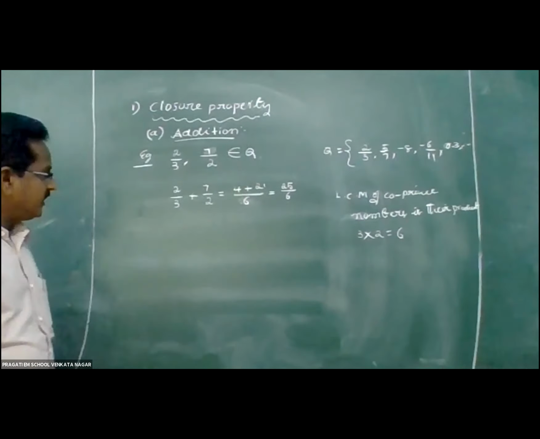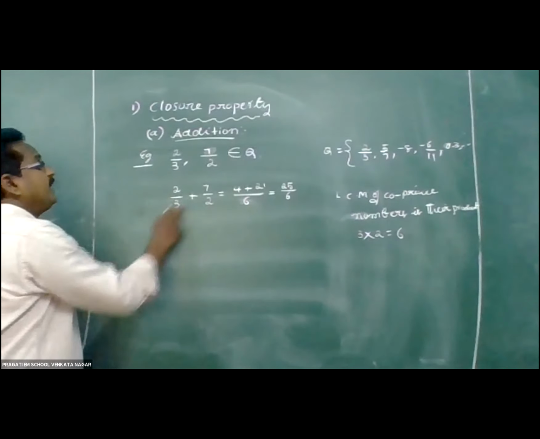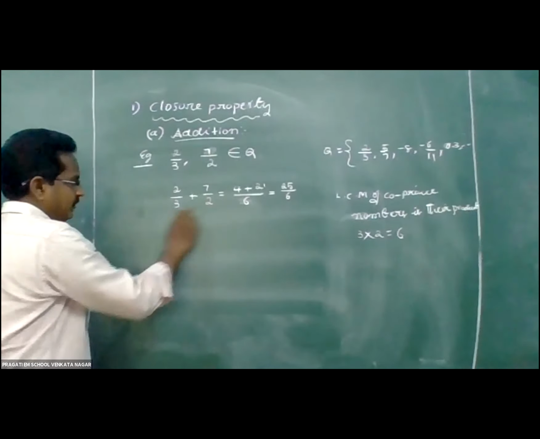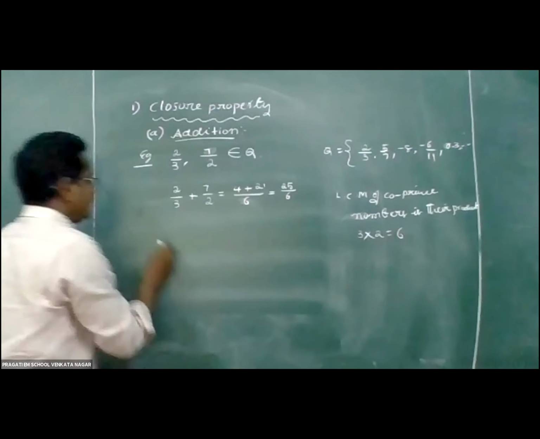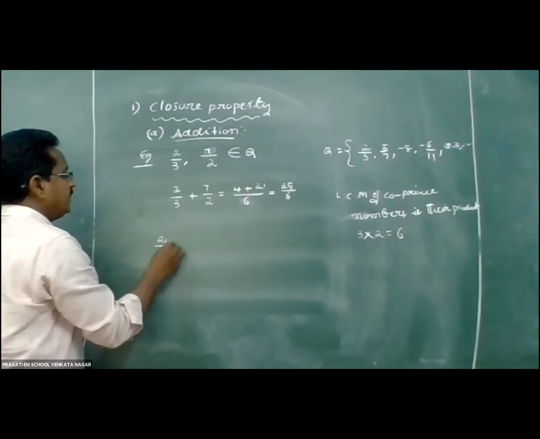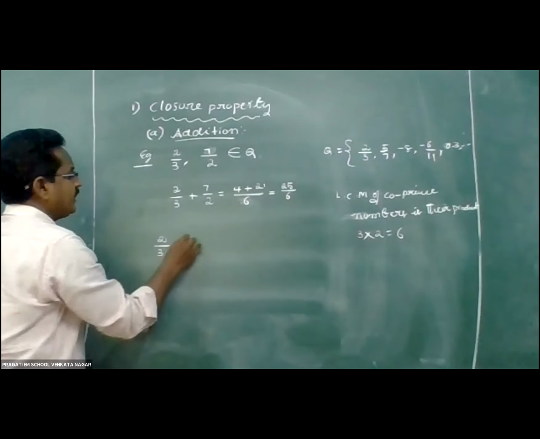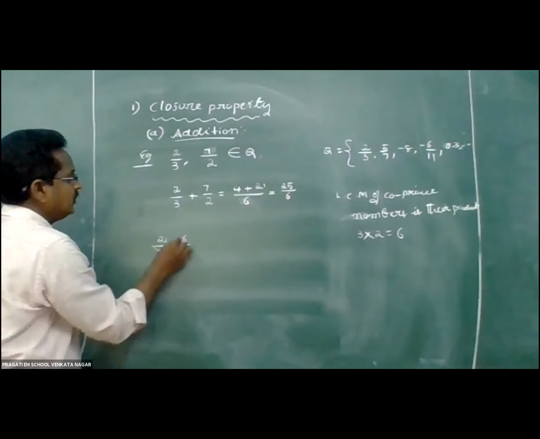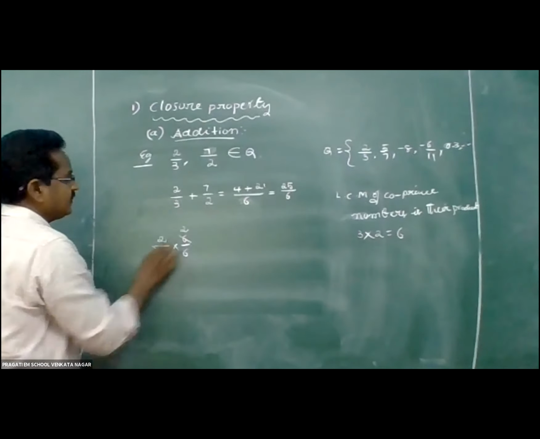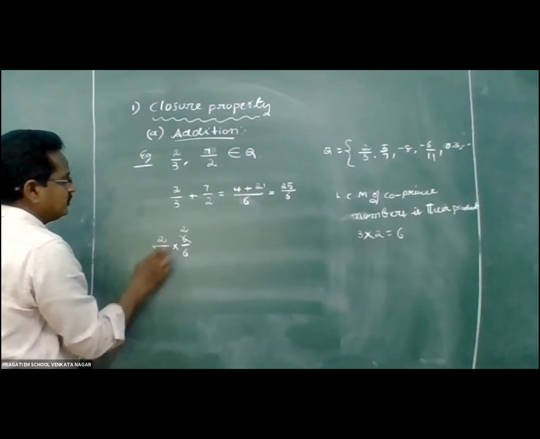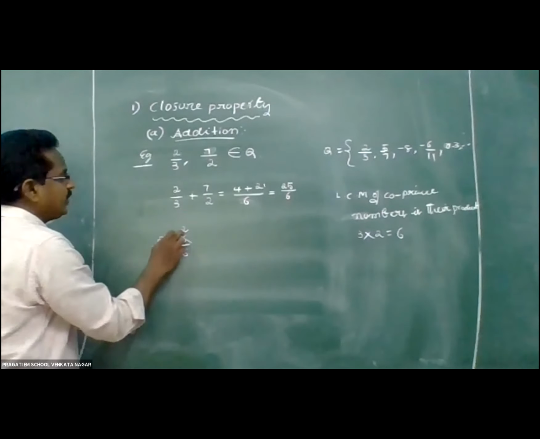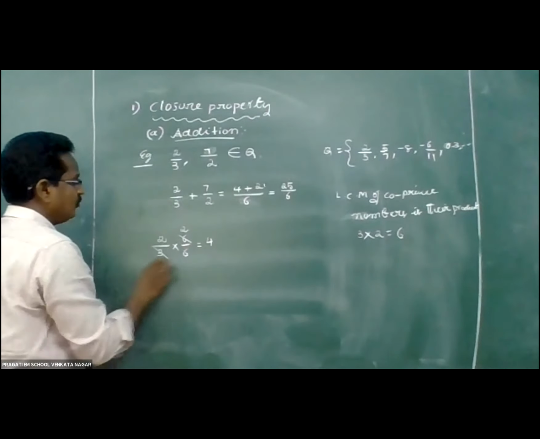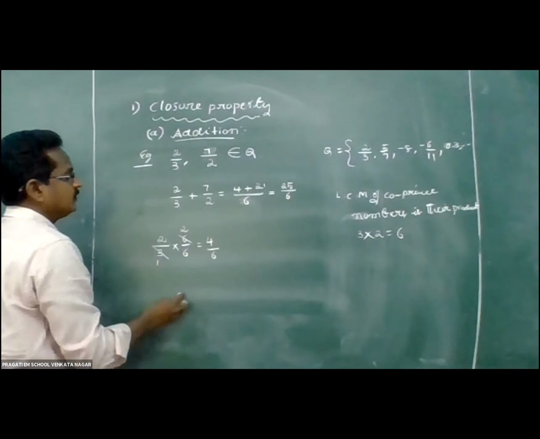Otherwise, another method is there. Suppose 2 by 3 and 7 by 2. The LCM of the denominators is 6. We multiply both numerator and denominator of 2 by 3 by the factor that makes the denominator 6: 3 goes 2 times into 6, so 2 twos are 4, 1 six is 6. Keep this in mind.